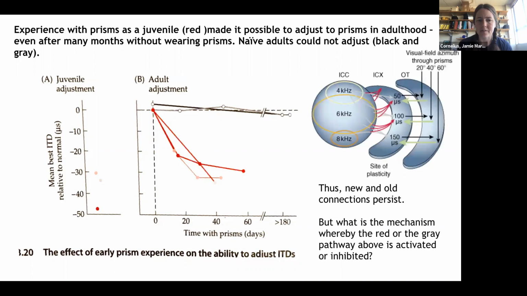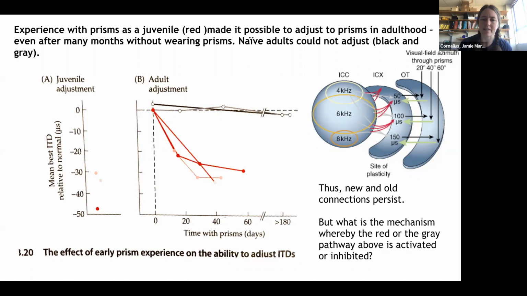So what we think is that if birds experience this as juveniles, then as adults, those connections are still there. They're not lost. They're there, but they're not active if the bird's not wearing prism goggles. They can become activated if the bird is wearing prism goggles, but only if they were established during development.